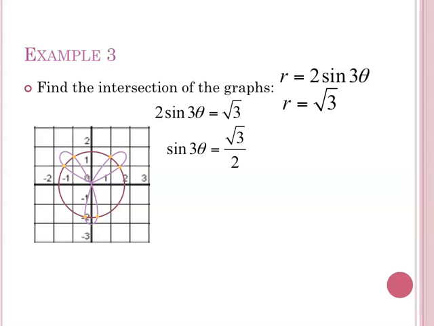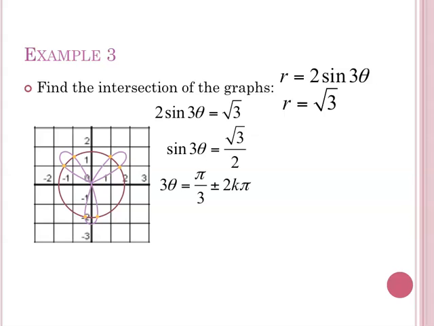So what does that angle measure, 3 theta, have to equal in order for us to get root 3 over 2? So 3 theta is going to have to be pi over 3 plus or minus 2k pi.